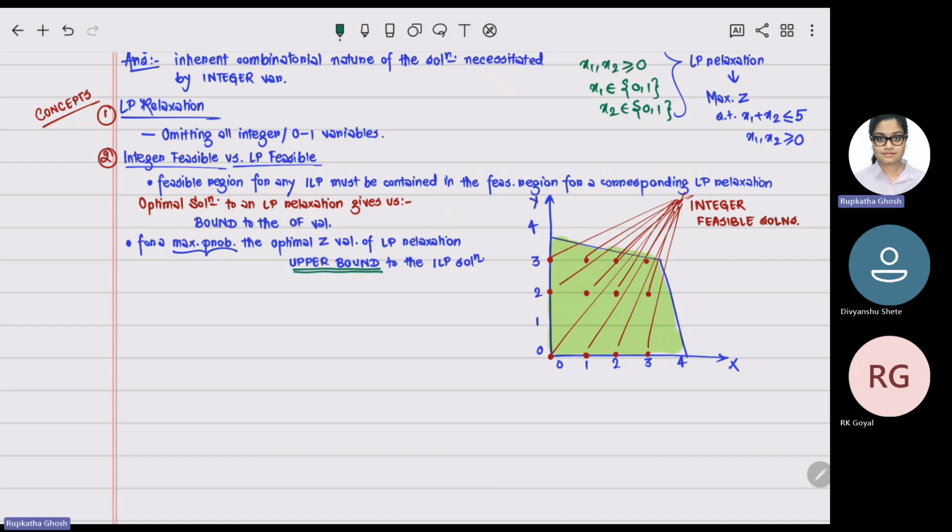So similarly, for a minimization problem, the optimal Z value of LP relaxation would be lesser than the optimal Z value of ILP.